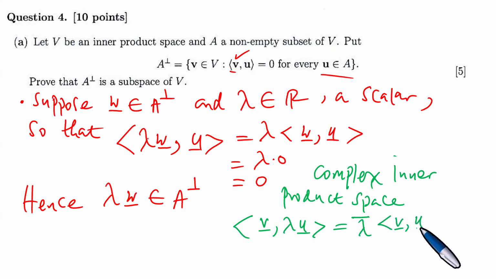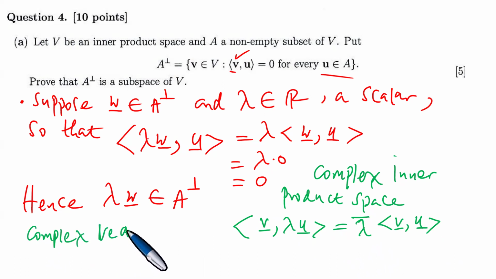You might not have done this property yet, but if this lambda is coming from the second argument, it attracts a complex conjugate.